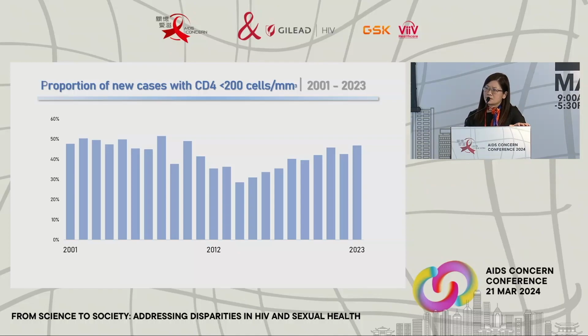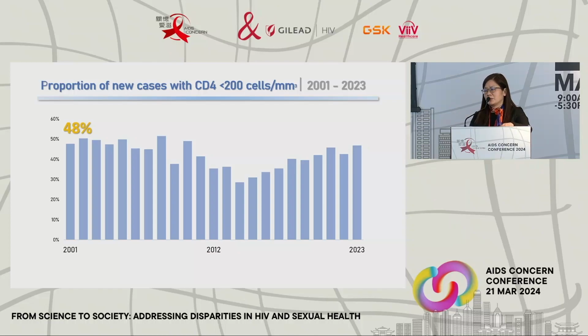One observation is an increased proportion of late presenters. You can see from the slide the proportion of newly reported cases diagnosed with HIV when their CD4 count is less than 200 cells per ml, which according to WHO falls into the definition of advanced HIV. In the past 20 years, around half of these HIV cases were late presenters.